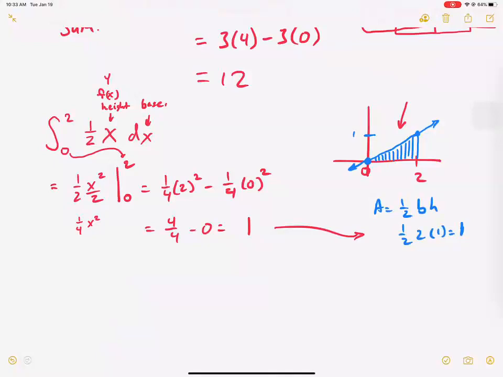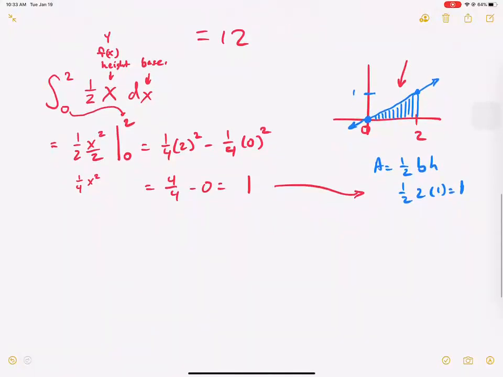Today, why do integrals work is we're going to do approximating. We're going to approximate the area underneath the curve using rectangles.